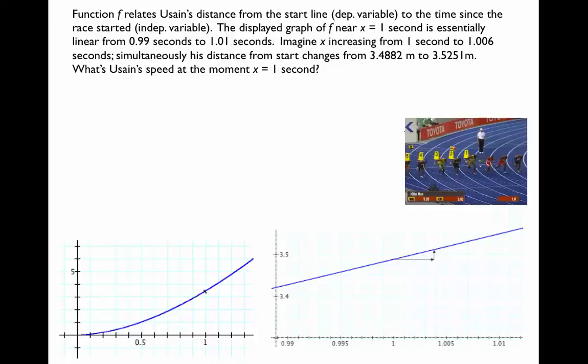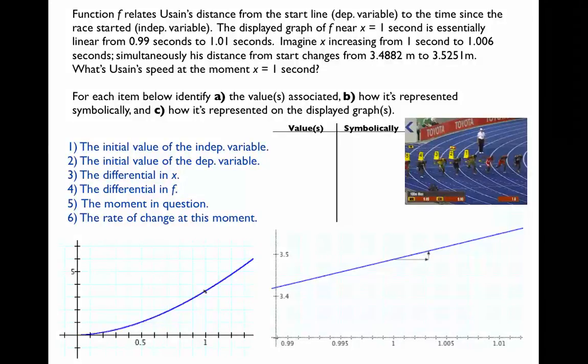We just talked about how to do that, but I want to do another exercise first, and that is I want to practice these different elements, both their values and symbolic. So for each of these items, 1 through 6, you're going to identify the value associated with it, given the information, how it's represented symbolically, and then how it's represented on the graphs.